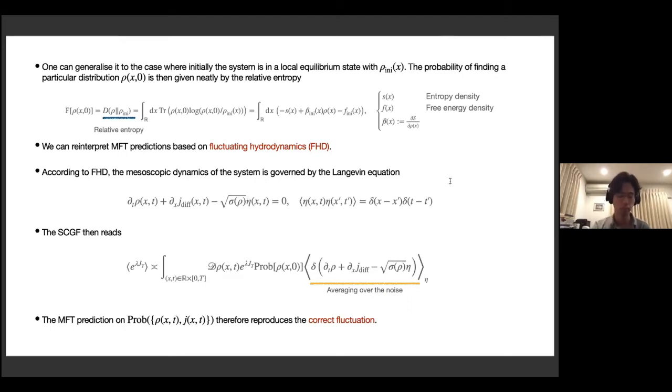There should be a derivative here. And if sigma is a non-trivial function of rho, then it's a multiplicative noise. Okay, thank you. Then there are a lot of other complications, whether you want to take the Ito interpretation or the Stratonovich interpretation. Okay. Anyway, go ahead. Yes.